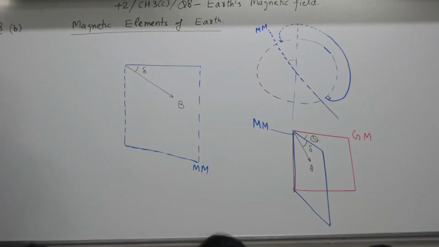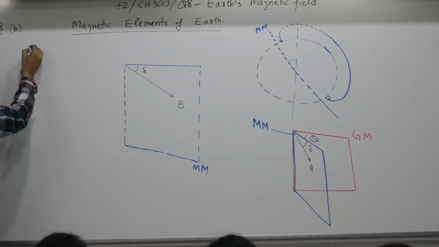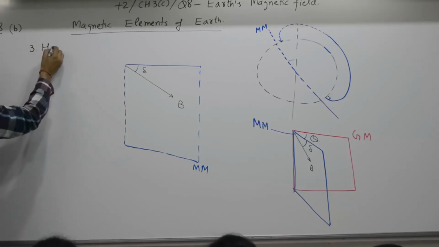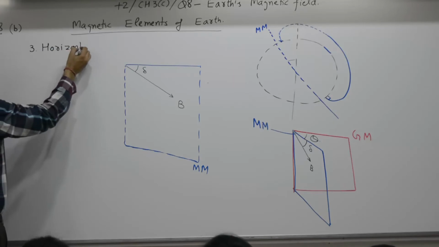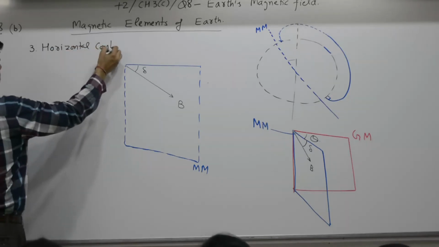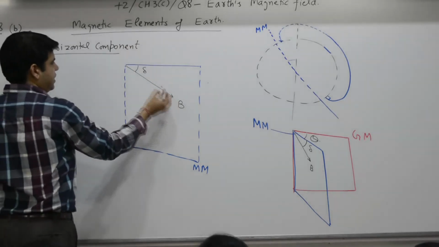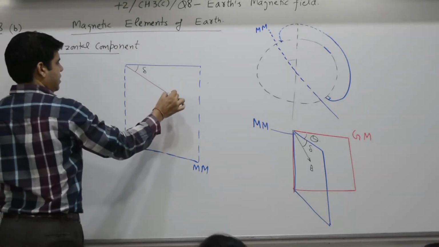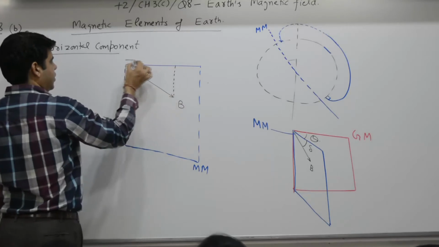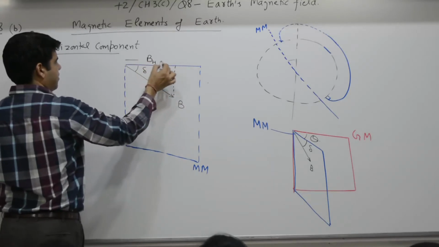Third is the horizontal component. Point number 1, 2, 3. If you know B, if you know angle delta, can you find out BH?